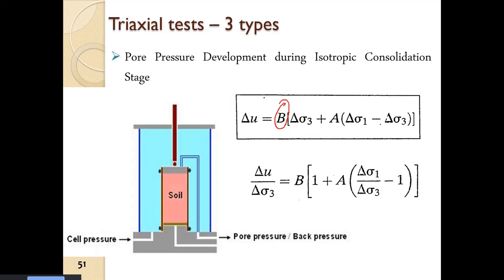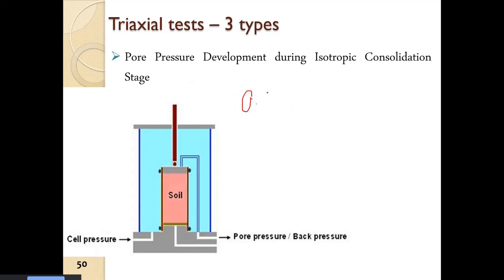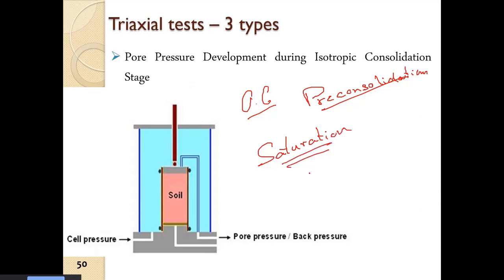We have seen that the B parameter is dependent on various factors: the over consolidation, or the pre-consolidation stress, then the saturation of the soil, and when it will behave as an over consolidated soil and when it will start behaving as a normally consolidated soil. So what is basically the relevance to the effective stress state?